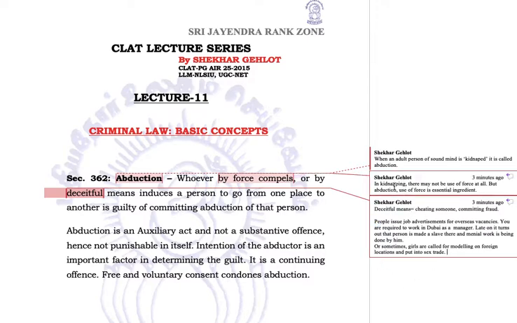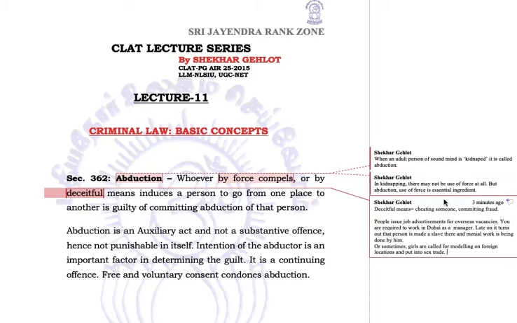So these are the two ingredients; either this should be there or this should be there for abduction. Either you are made by force to move from one place to another, or by deceitful means you are induced to move from one place to another. Now, one place to another is sufficient. It is not that someone must be put into a foreign location.